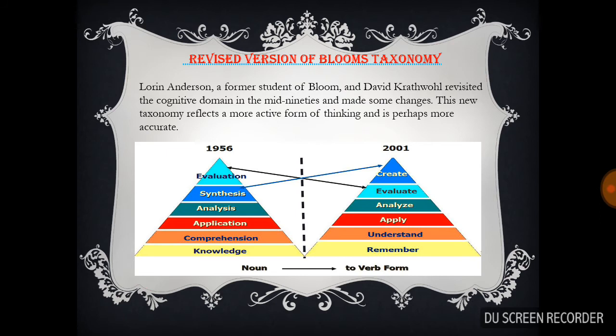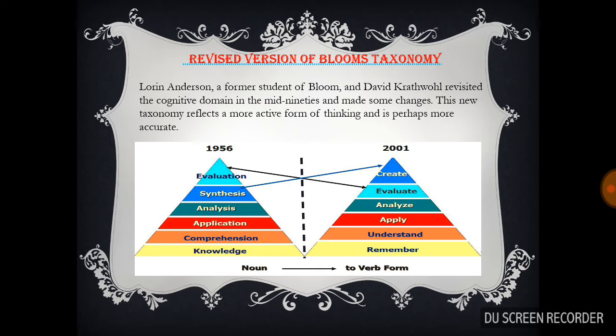Revised version of Bloom's taxonomy. Lorin Anderson, who was a former student of Bloom, and David Krathwohl revisited the cognitive domain. According to them, the level of creation is the highest level, so they exchanged the positions of creation and evaluation.